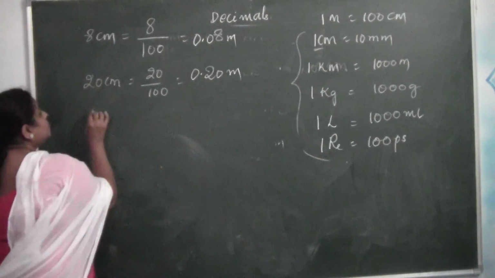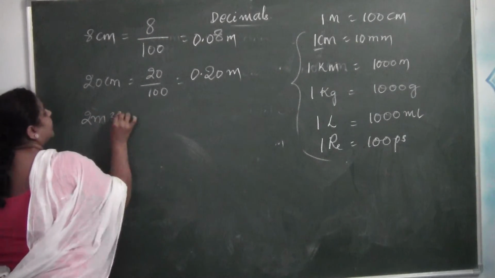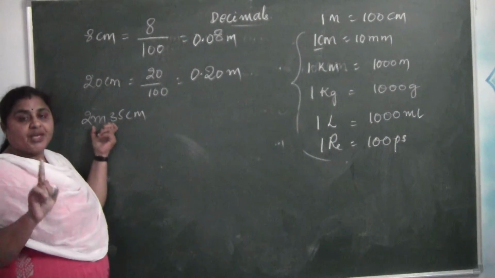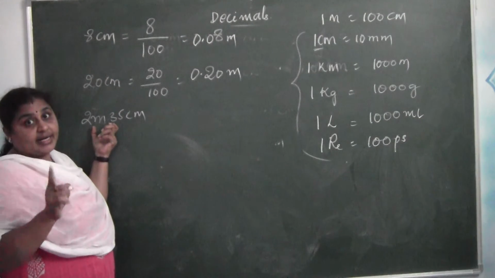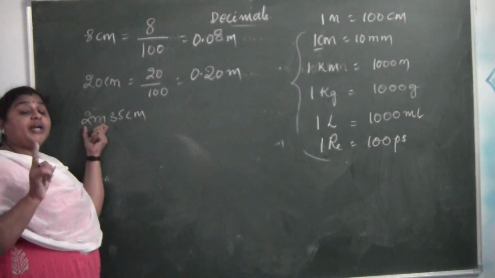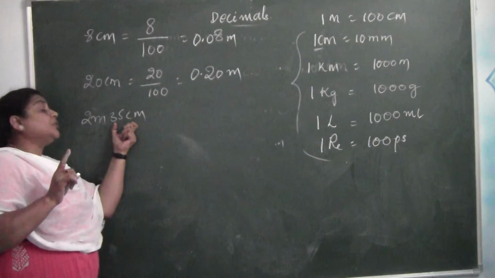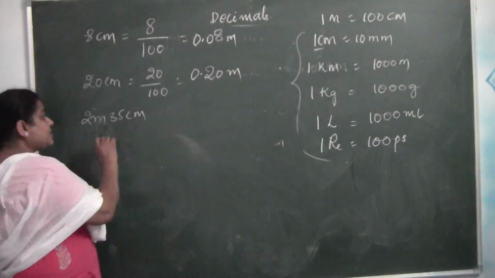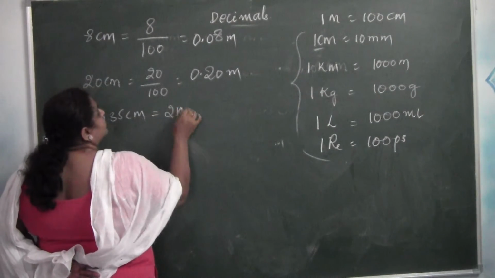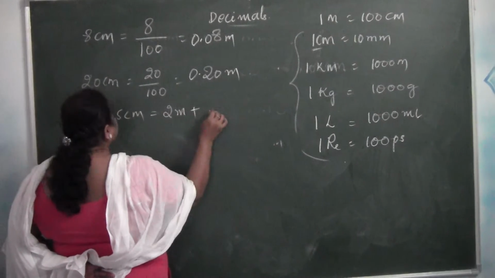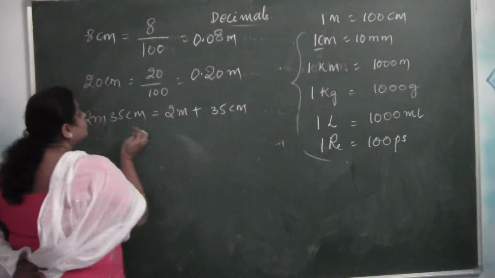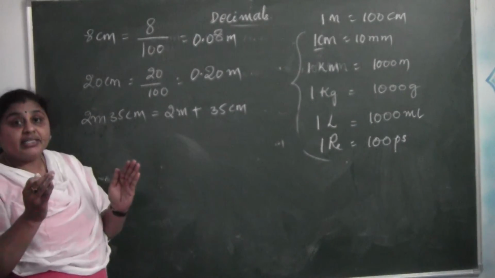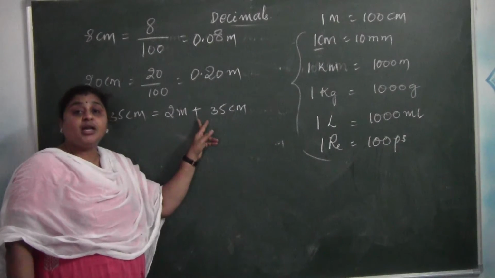Next we have 2 meters, 35 centimeters. So here we have two units together, meters as well as centimeters. Already we have expressed 2 in terms of meters. Only we need to express 35 centimeters in terms of meters. So first of all, how do we write this? 2 meters plus 35 centimeters. So these two different units, I am clubbing together using the basic operation plus.